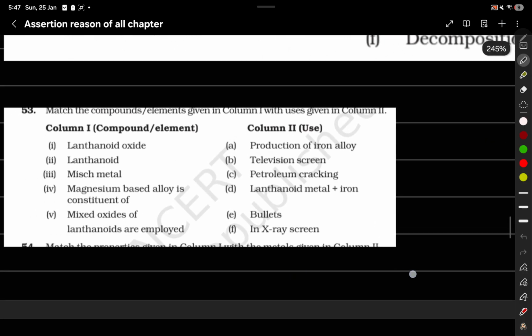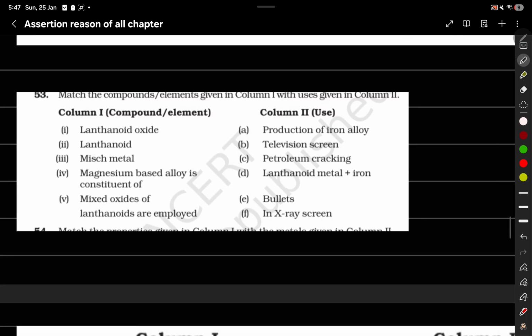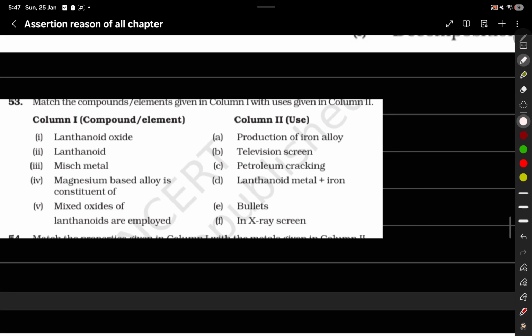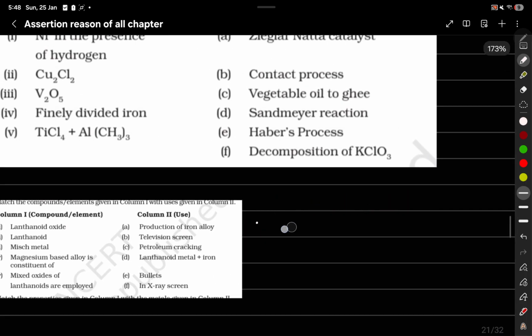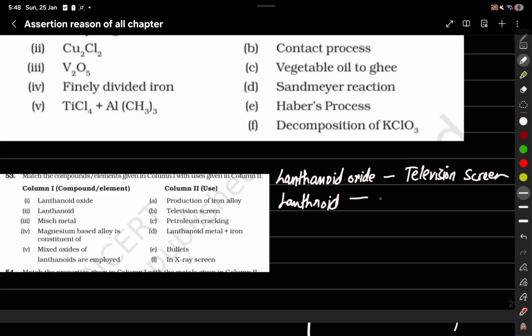Now take a look at this question from your NCERT exemplar. Clearly, they can ask it. Are you scared? Yes, I am scared. Okay, we know now, right? Lanthanoid oxide, television screen. Lanthanoid, X-ray screen.